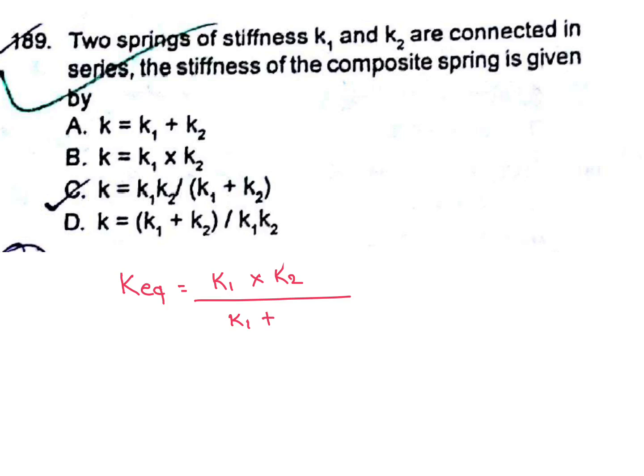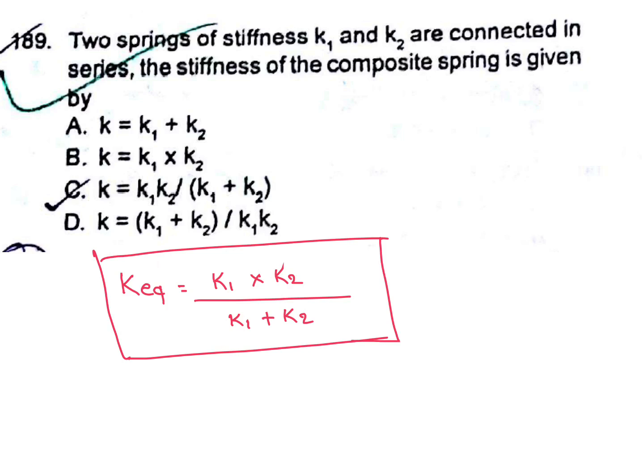I already solved one problem in my last video. C is the answer. Both are important, for the parallel case and for the series case. This is for the series case, and for the parallel case K equivalent equals K1 plus K2.